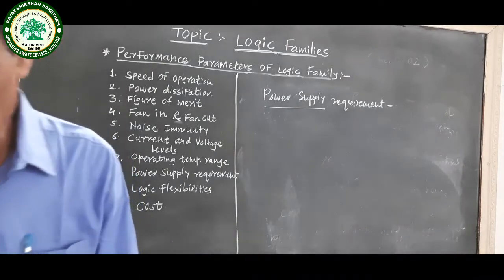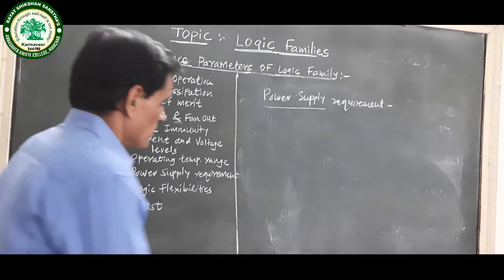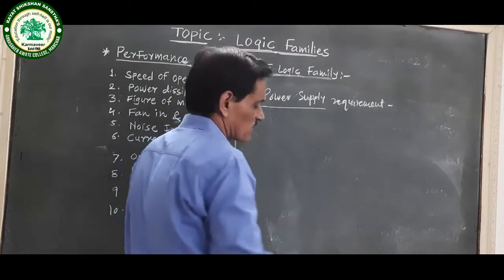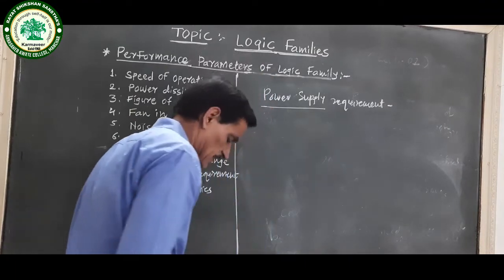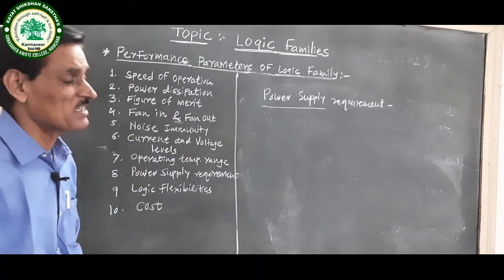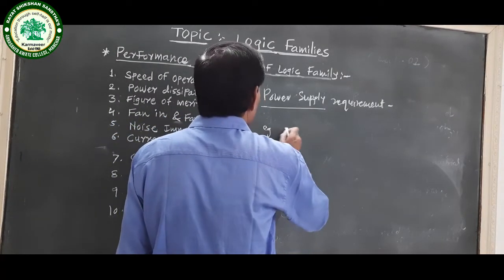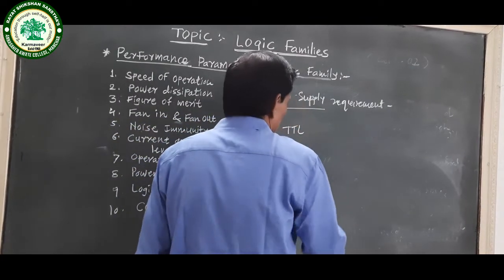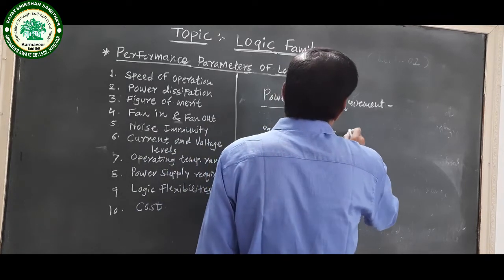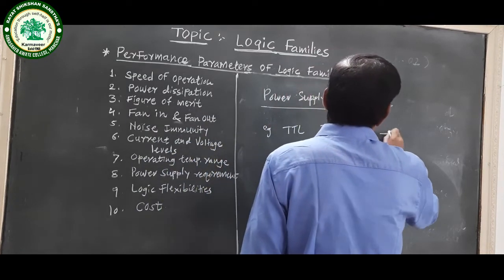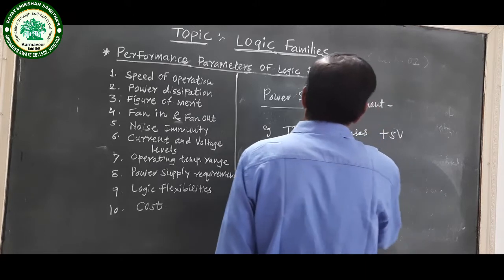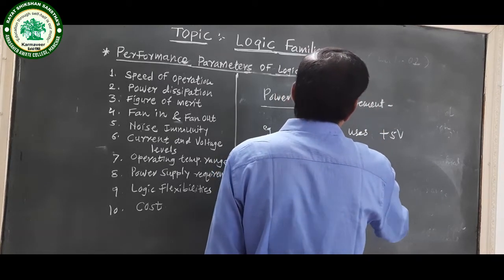From that point of view, for operation of ICs, there is need of a power supply, and the requirement is provided by the manufacturer. For example, TTL ICs use plus 5 volt DC regulated power supply.